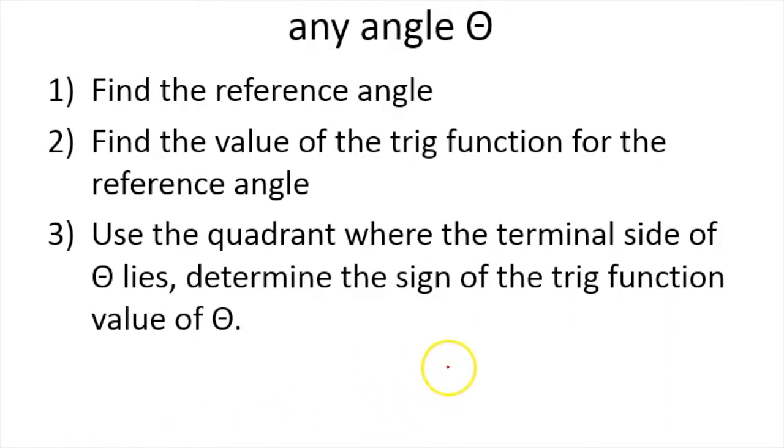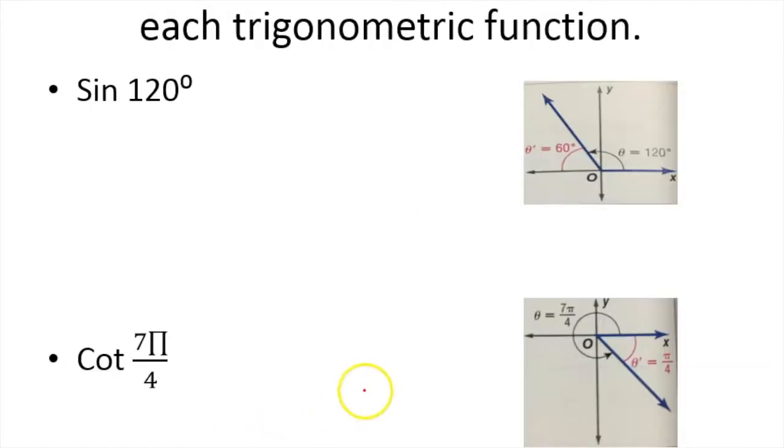So to find the value of any trig function with any angle, you first want to know the reference angle. Then you're going to find the value of the trig function for the reference angle and use the quadrant to determine if it's positive or negative. So, in this first example, we have the sine of 120.